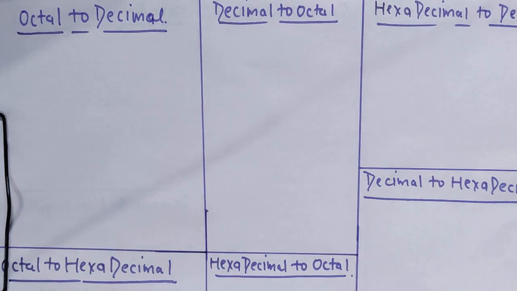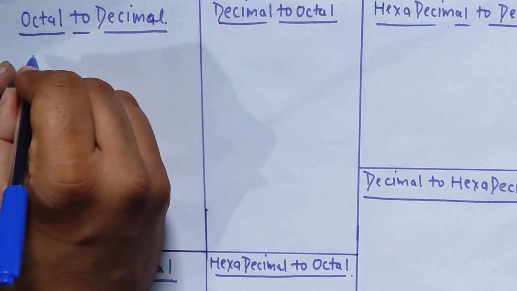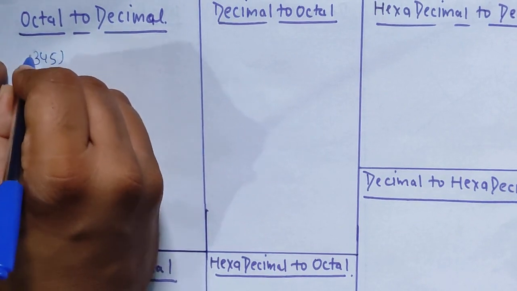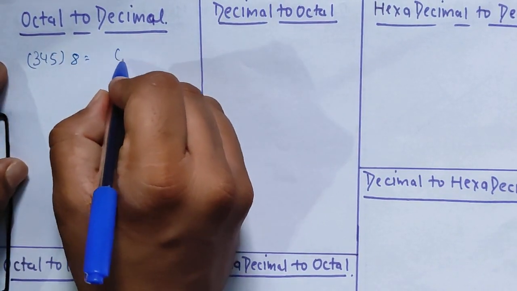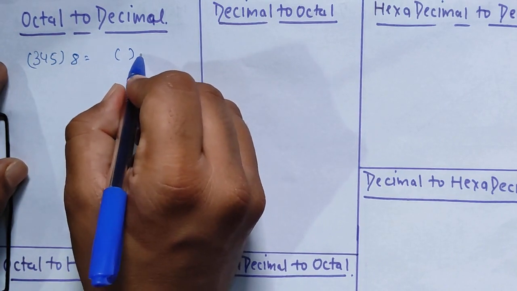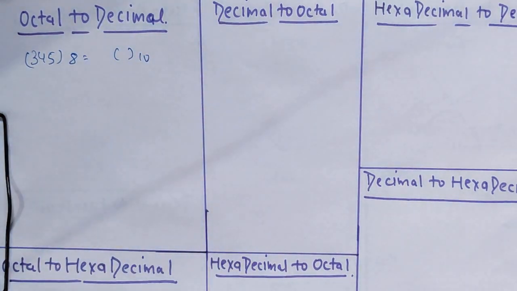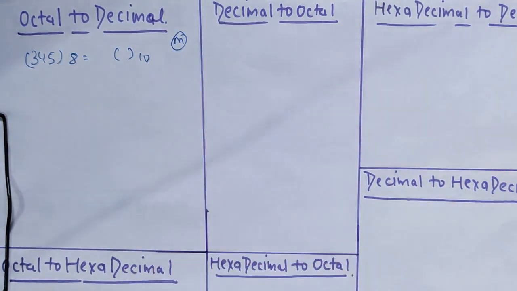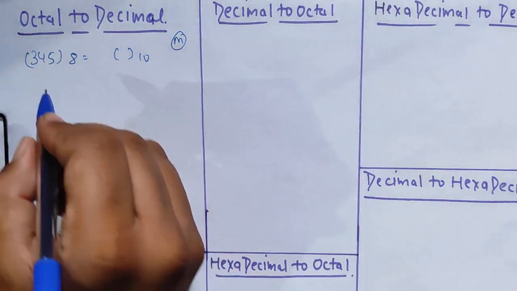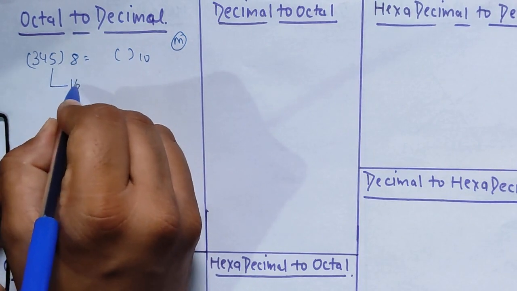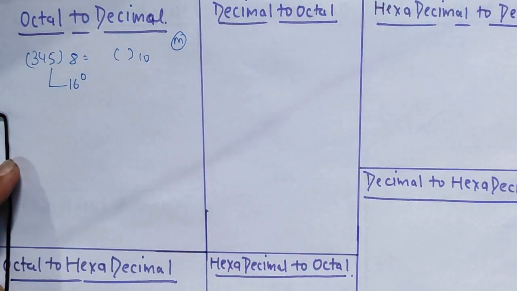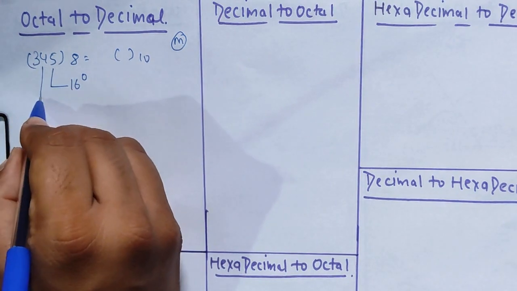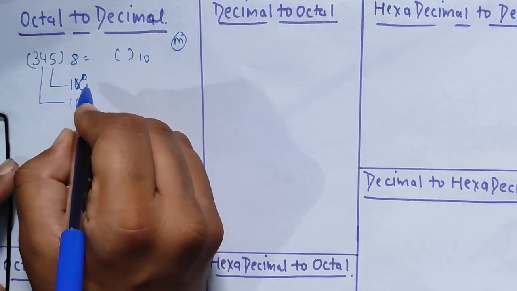First I will take one question, and my question is 345. This is an octal number and I have to convert it into decimal. Octal to decimal is an incoming arrow, so here I will apply the multiply approach.